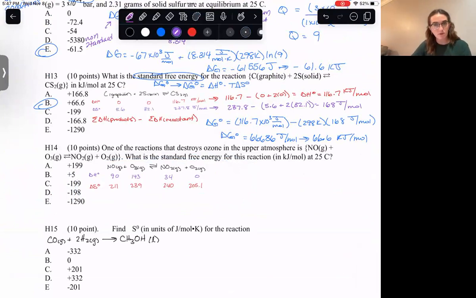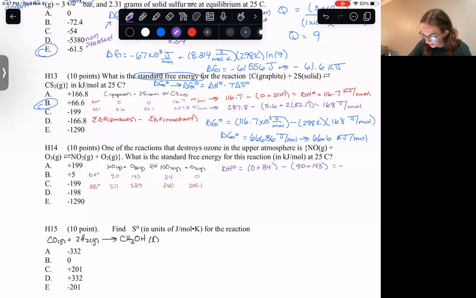Okay, so again, same thing. We're going to do delta H. We're going to do our products minus our reactants. So we have 0 plus 34 minus the sum of 90 plus 143. Our reactants are going to have a higher summation, making our overall delta H negative.